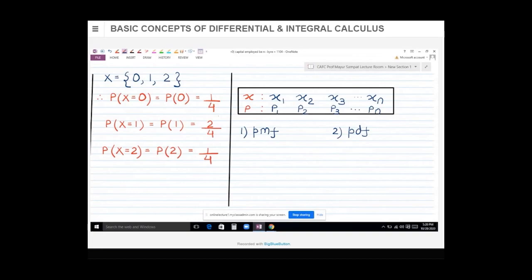And when we talk about the properties of the probability mass function and the properties of the probability density function, with respect to the mass function, zero is less than or equal to P of x, and P of x is less than or equal to 1, which is always true.